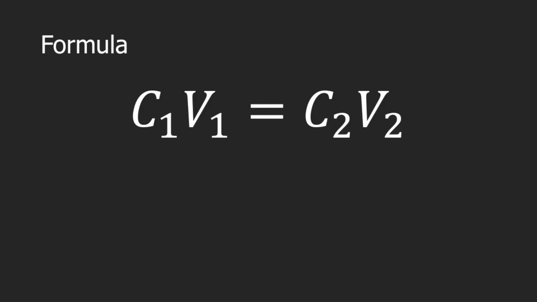Always remember that when you do dilution, you have a more concentrated solution and you make it less concentrated. So the formula is C1V1 equal to C2V2.